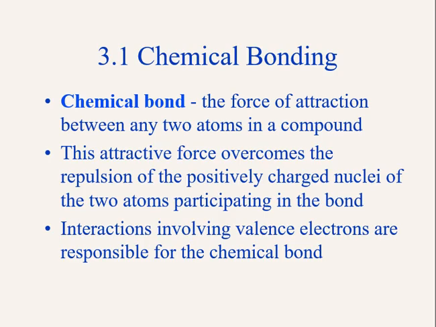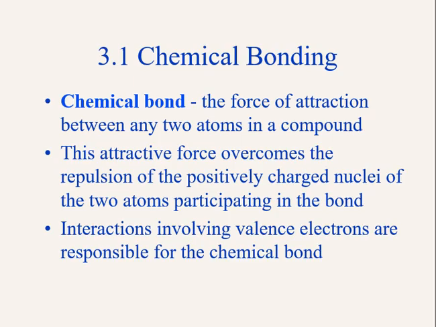A chemical bond is the force of attraction between any two atoms in a compound. And this force of attraction overcomes the repulsion of the positively charged nuclei of the two atoms participating in the bond. What does that mean? Well, why would the two atoms come together first of all and form a bond?